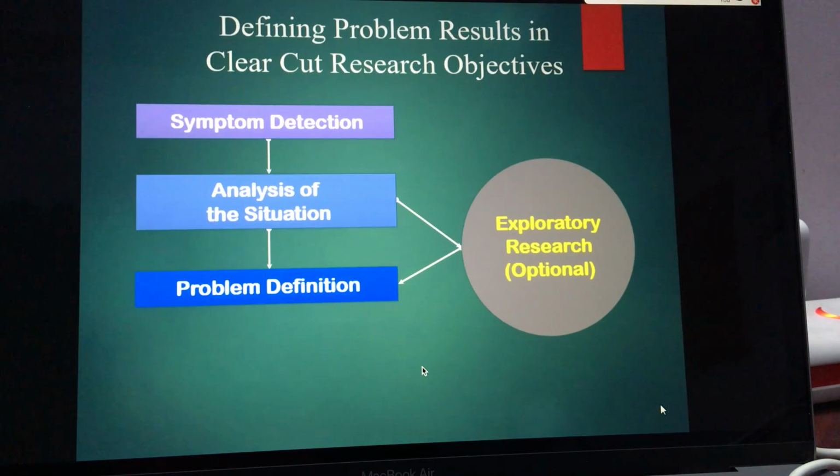Once you see a symptom, you go into the depth of it. You analyze the entire situation, and that will help you in identifying the problem. Going back to the same example, more women buy your products than men.